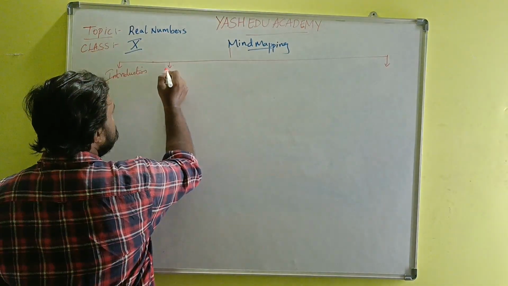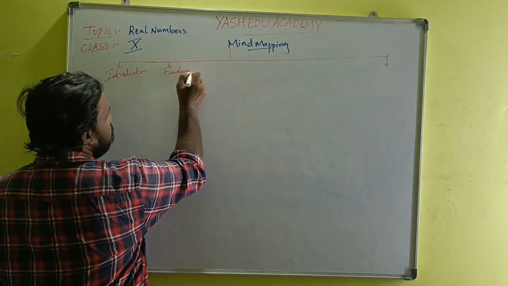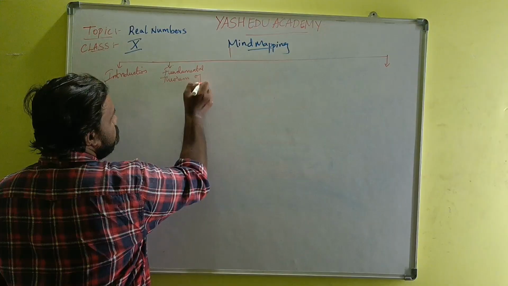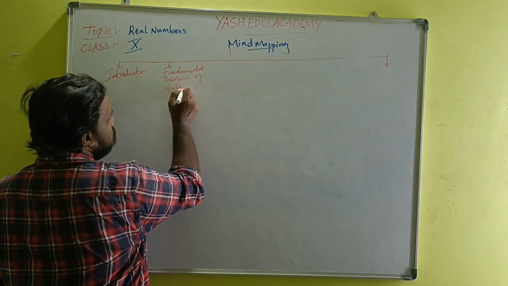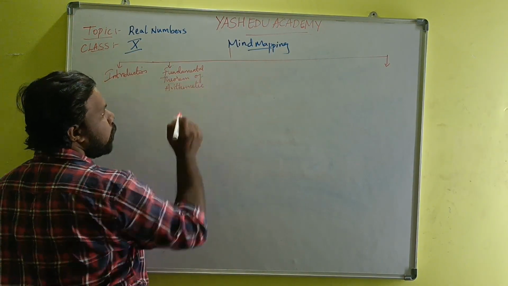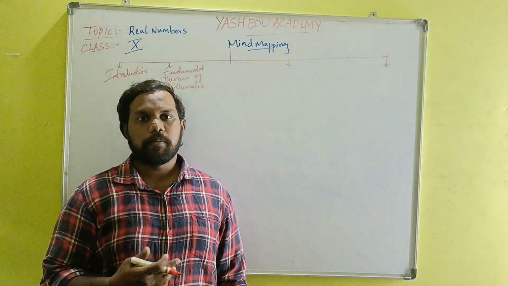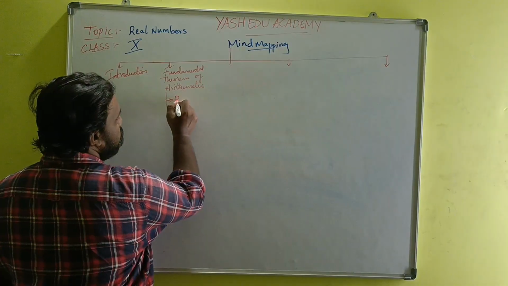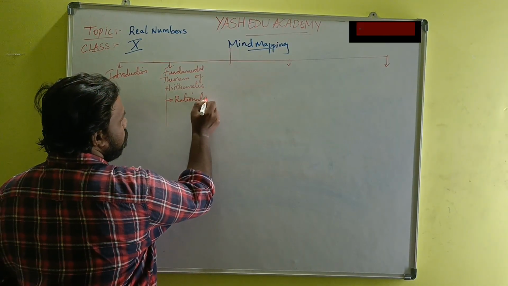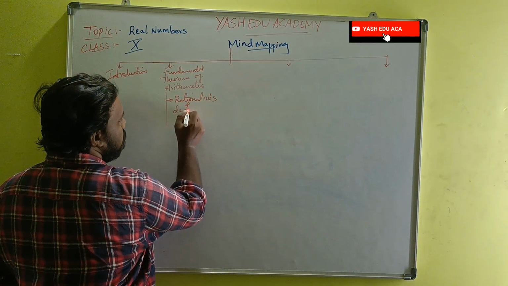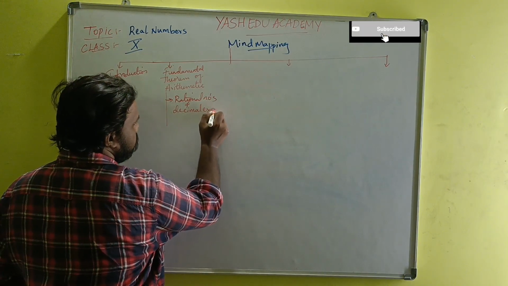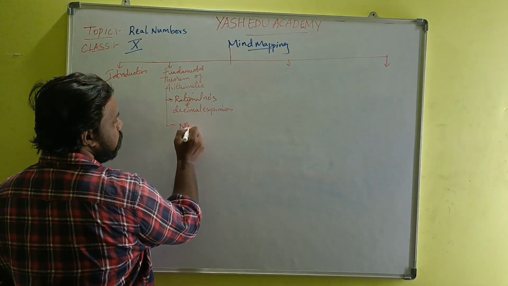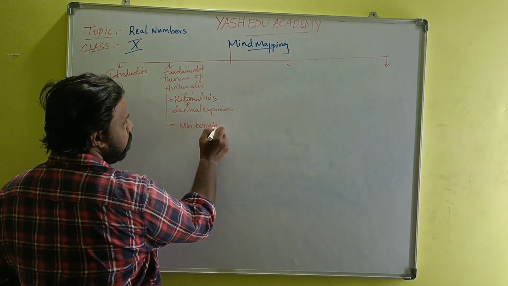In real numbers, the second topic is the fundamental theorem of arithmetic. In this fundamental theorem of arithmetic, there are subdivisions: rational numbers and decimal expansions, and non-terminating decimals.